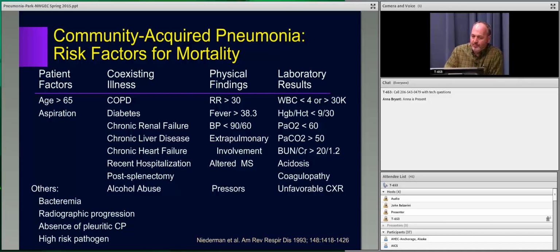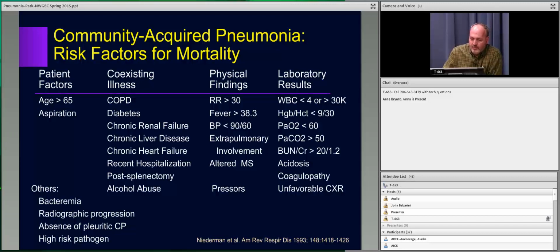Aspiration's bad for you, apparently, if you have all these coexistent illnesses, which many elderly people do. If your physical findings are concerning because of tachypnea, fever, hypotension, extra pulmonary involvement, altered mental status, if you're on pressors, those are bad signs. And then the laboratory findings that are listed there.